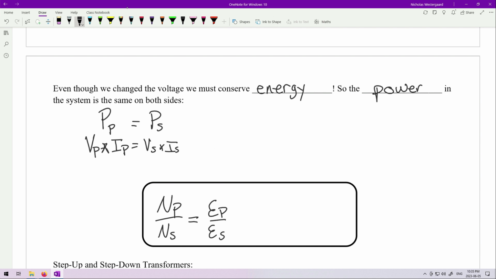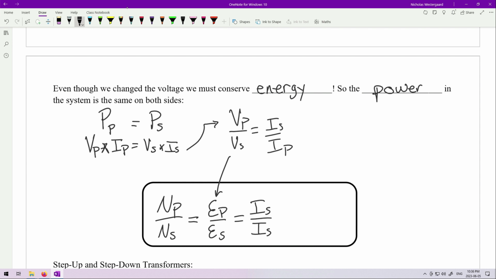We could make a similar set of relations as we did before. V primary over V secondary, that's just the same as our EMFs, would be current secondary over current primary. So we see while the number of loops ratio is directly proportional to the EMF ratio, it's actually inversely proportional to the current ratio.